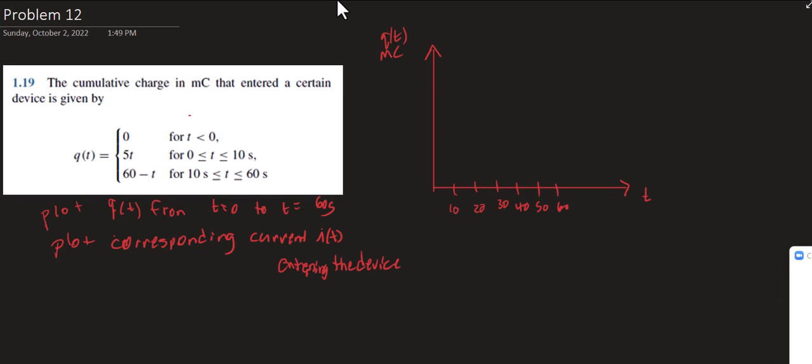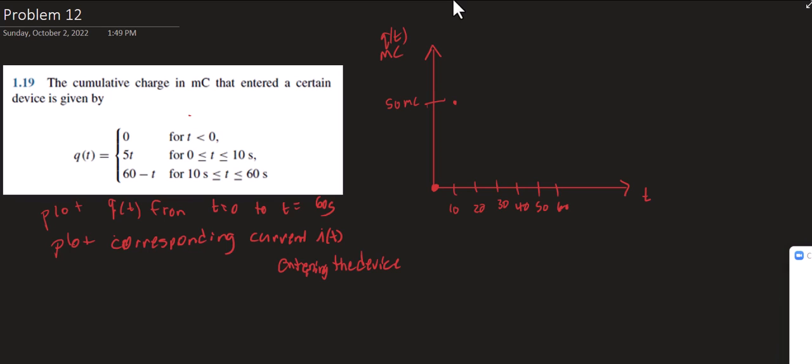So we know it starts at 0. And then it's 5t for t between 0 and 10 seconds. And the thing to remember is if something is linear, you only have to have 2 points to draw the line. And 5t is certainly linear. And so at 10 seconds, our millicoulombs are 5 times 10, which is 50. So I'll say that's 50 millicoulombs, and that's at 10 seconds.